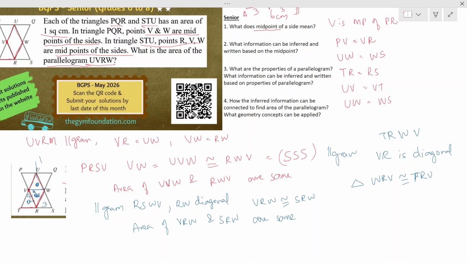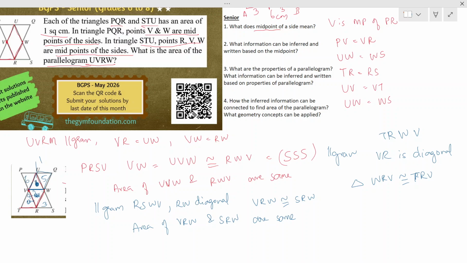In the same way you can also find the parallelogram here. So this parallelogram UVWQ, and we can say that the areas 1 and 5 are the same, and the parallelogram VW and UP has the congruent triangle 1 and the sixth one.